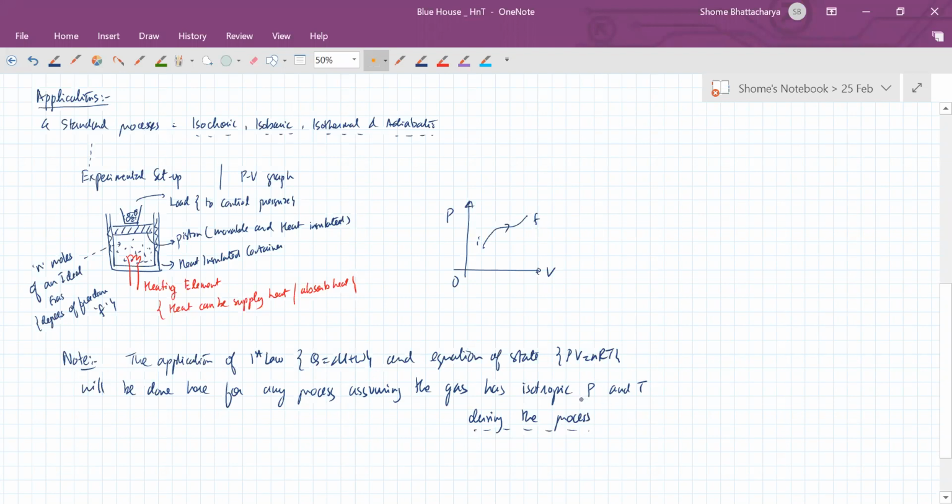That means during the process, the gas has uniform pressure at every point inside and uniform temperature at every point inside. So that implies that the process has to be very slow, or this type of slow process is called quasi-static process. Quasi-static means almost at rest.